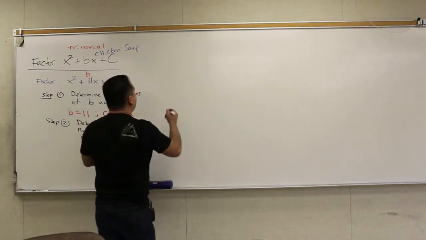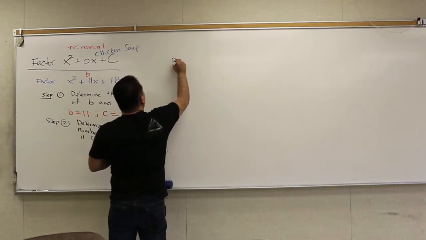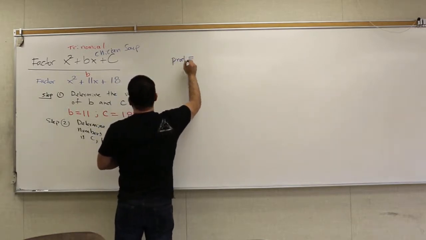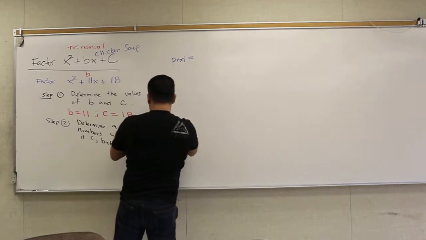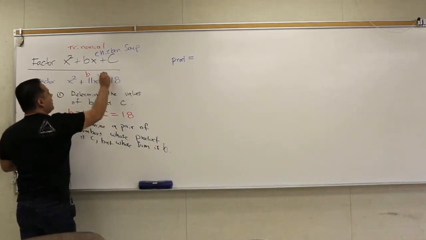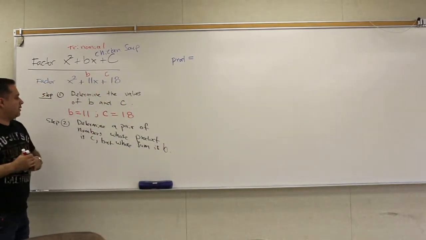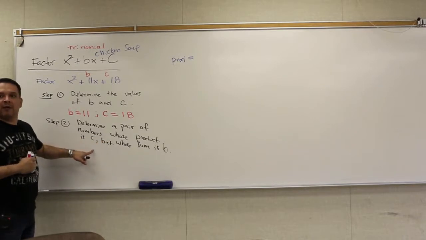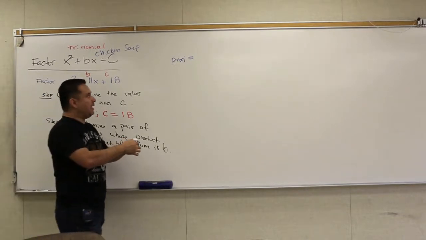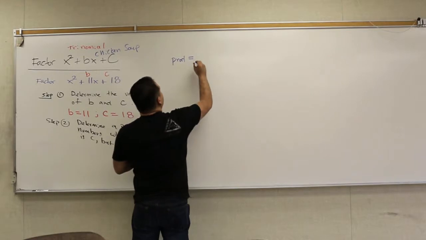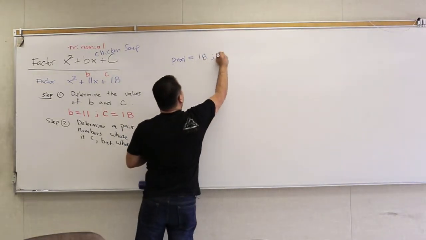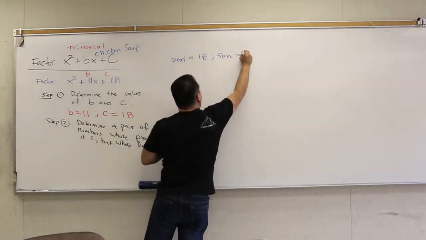So in this problem, the product has to be what number? 11 or 18? Do you guys know? The product has to be what number? C. So the product has to be 18. And then the sum, what does the sum have to be? 11.